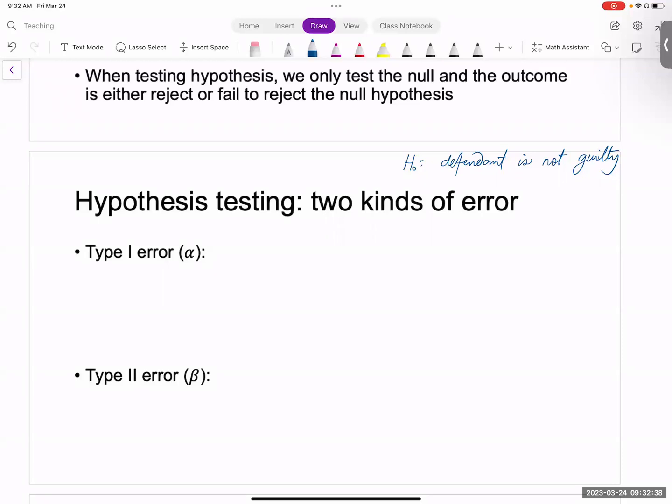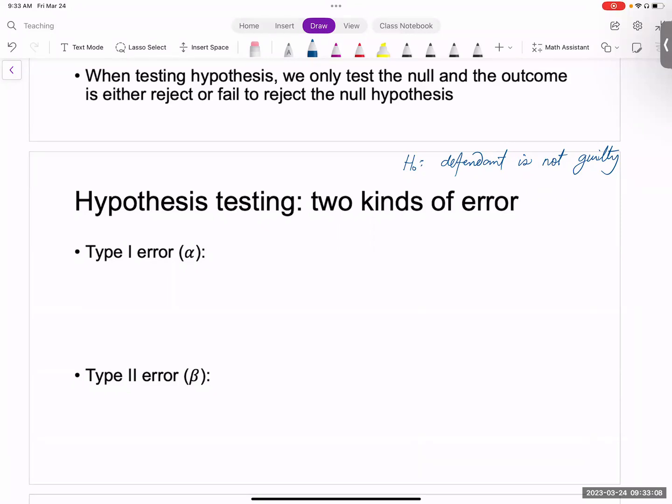Rationally, you would want to say that that person is not guilty. Now, the prosecution's objective is to collect as much data as possible and prove that the defendant is guilty, right? And if the prosecution is not able to collect enough data, then they basically fail to show that the defendant is guilty, and so we say that person is not guilty.